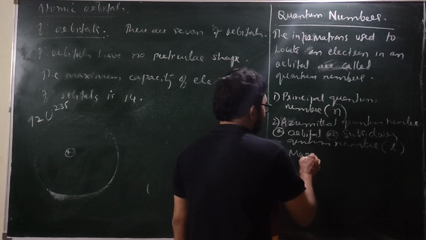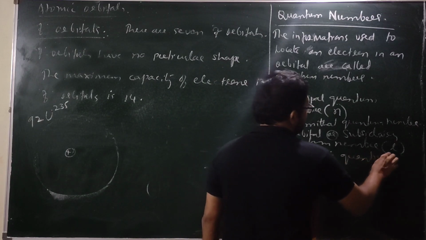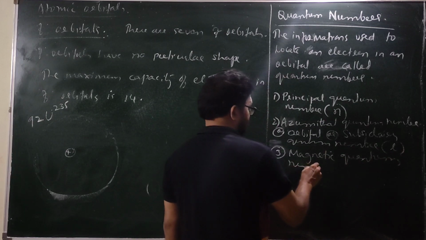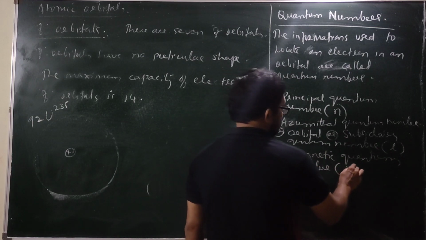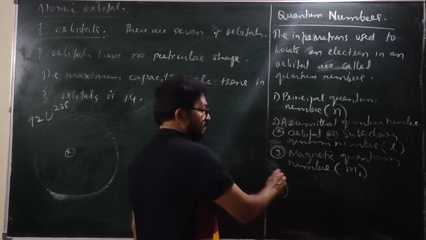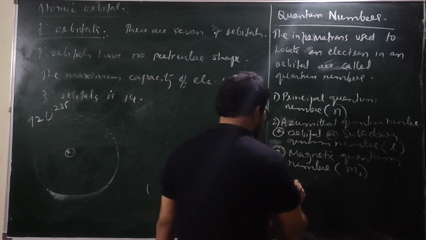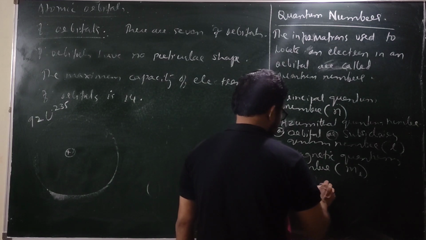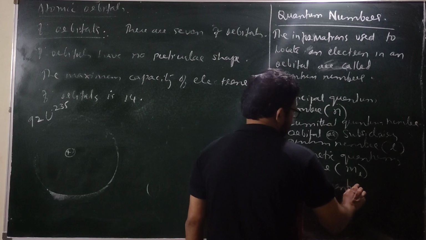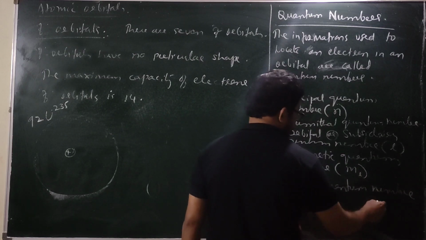Magnetic quantum number, that is ML, subscript L. Spin quantum number, MS.